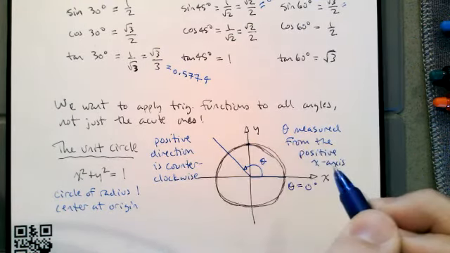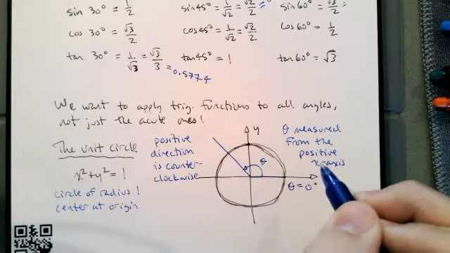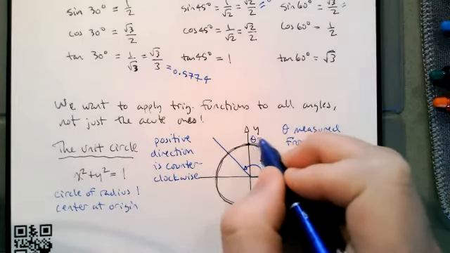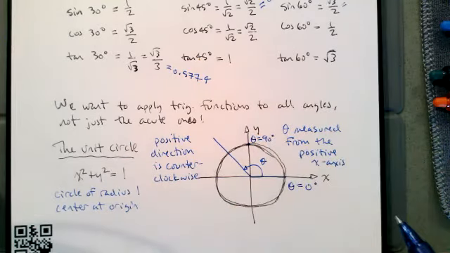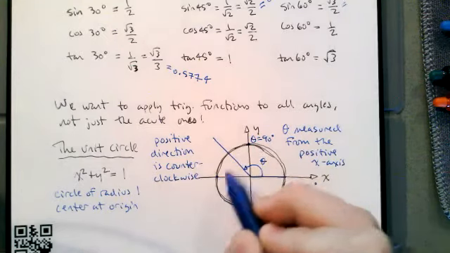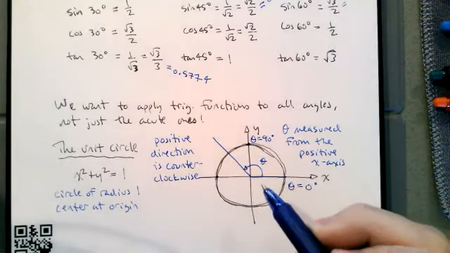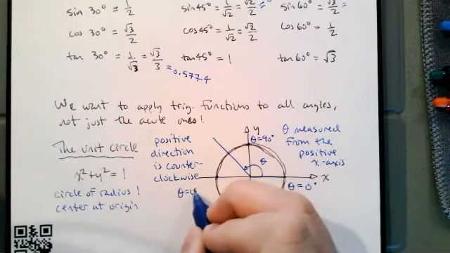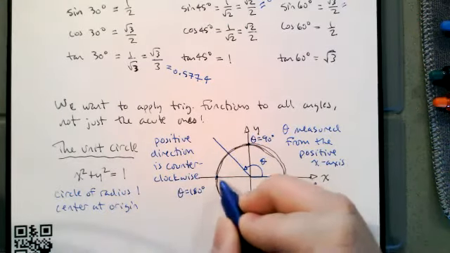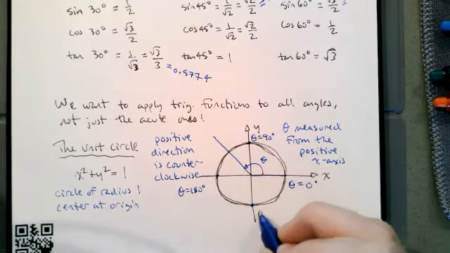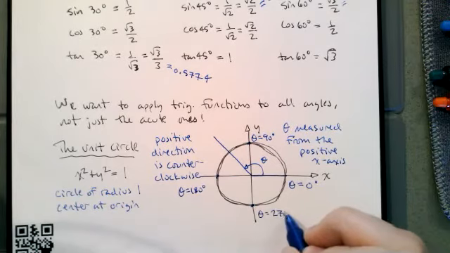When we get up to the y-axis, that's where theta is equal to 90 degrees. If I keep going around, when I get to the negative x-axis, now we're at theta equals 180 degrees. And then if we keep going, here's where theta is equal to 270 degrees.